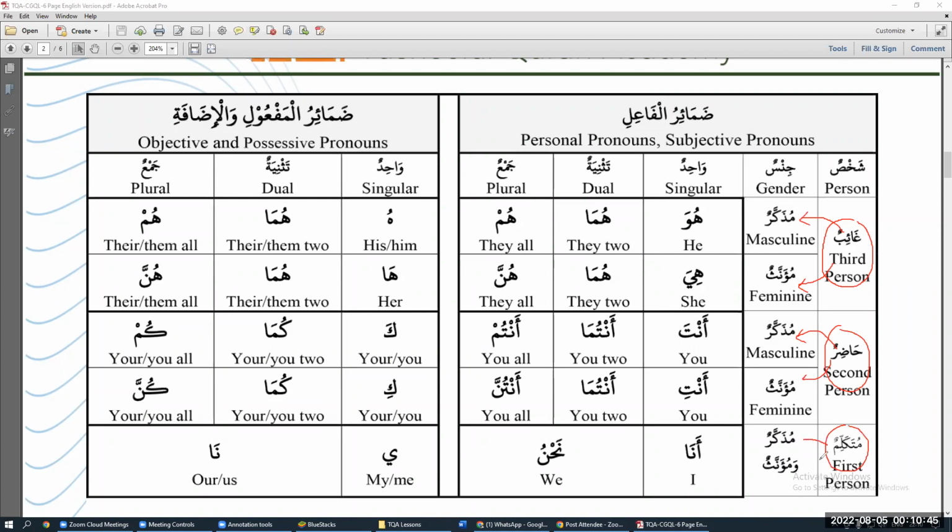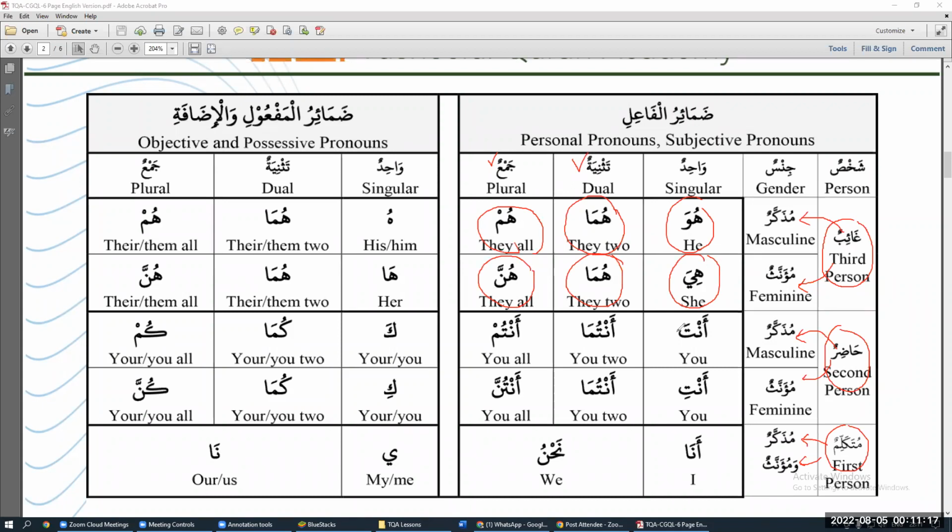Mutakallim, muzakkar, muannas. Now, each group: in ghaib, muzakkar, one person is huwa, singular; two persons is huma, dual or tasniya; and more than two is hum, plural, al-jam'a. Muannas: hiya, huma, and hunna. So the ghaib group finishes here.